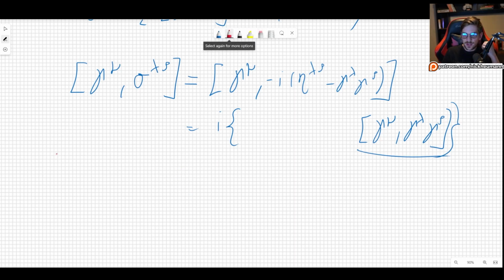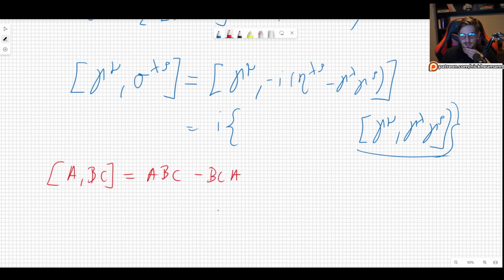So what we have here is basically matrix A, comma BC, right? The commutator of A with BC. So this is simply ABC minus BCA. So if we want to turn this into commutators or anti-commutators, we can do the following.